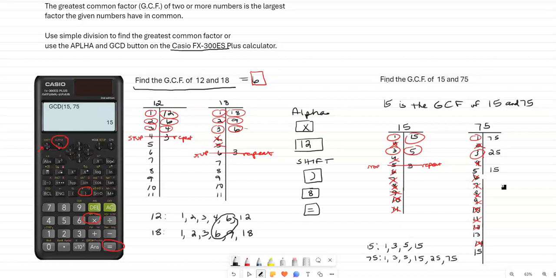With 75, when we get to 75 divided by 5 is 15, then that tells us that 15 is a pretty large number. So I know that my list of numbers I'm dividing by can go all the way to 15.